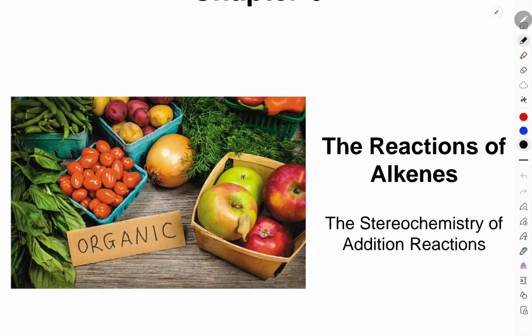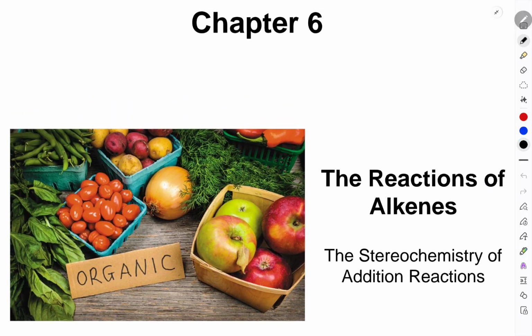So we'll study SN and E type reactions in addition to the addition type reaction. We'll first study the electrophilic addition type reaction, and the key reactant is the alkene.